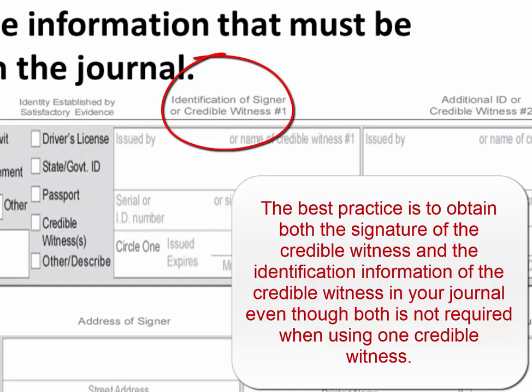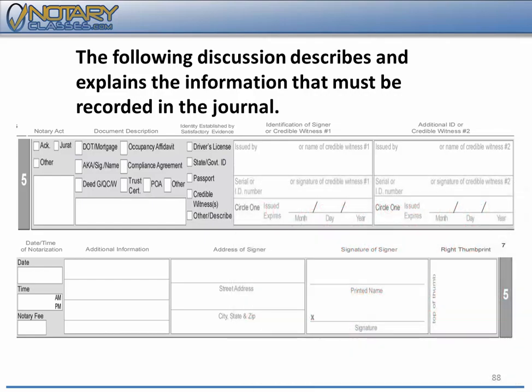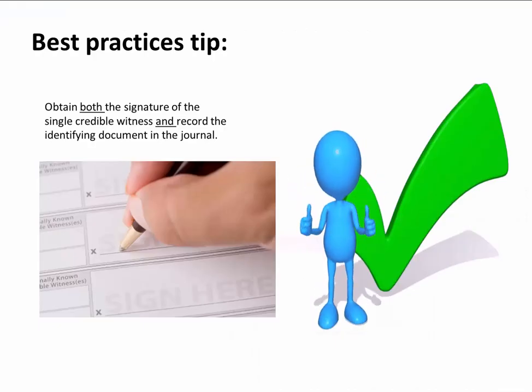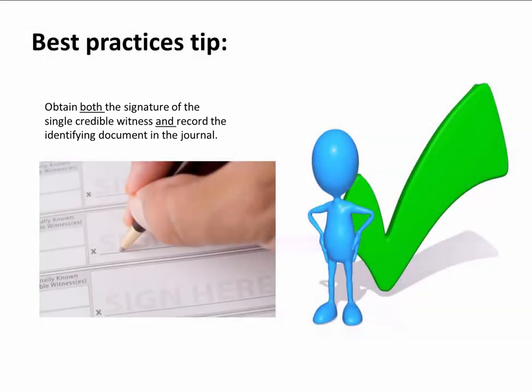Let me reiterate that. When you use a single credible witness, the credible witness must either sign the journal or the notary public must enter the identification documentation into the journal from that credible witness. Now, of course, the best practice is to obtain both the signature and the identification documentation in your journal if you're using a single credible witness.